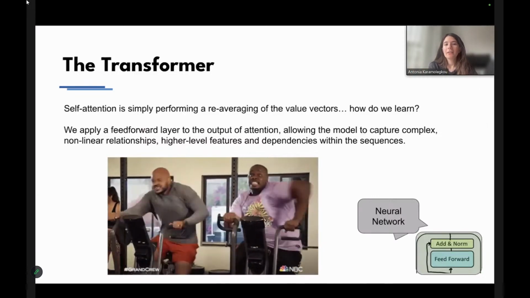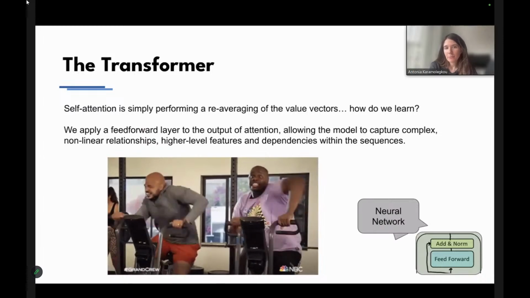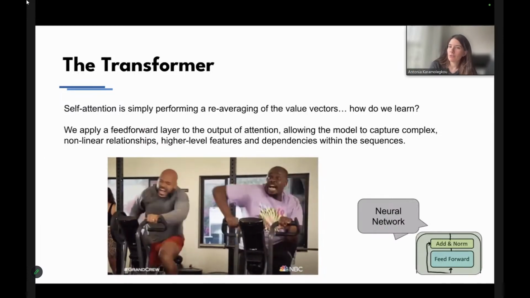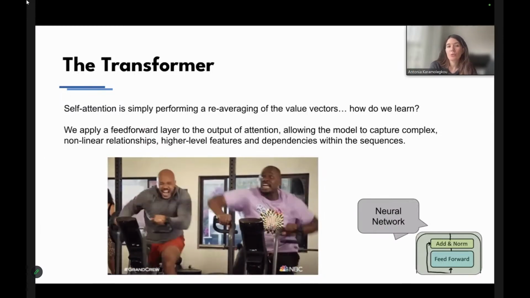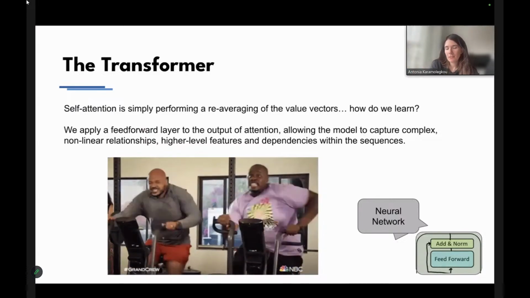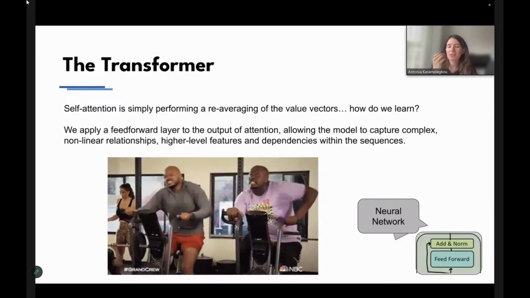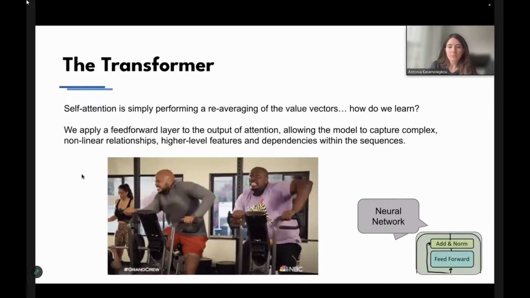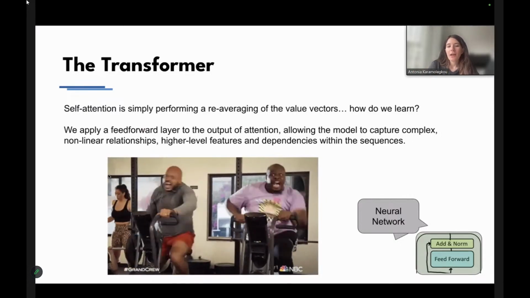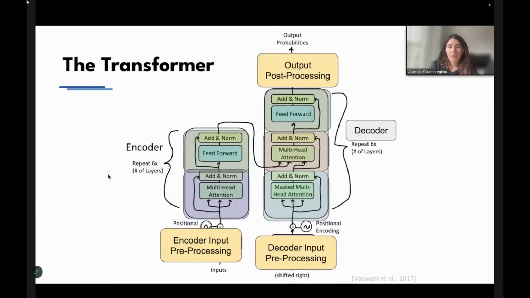We apply the feed-forward layer to the output of attention, allowing the model to capture more complex non-linear relationships and higher-level features and dependencies within the sequences. So this is how the model learns.